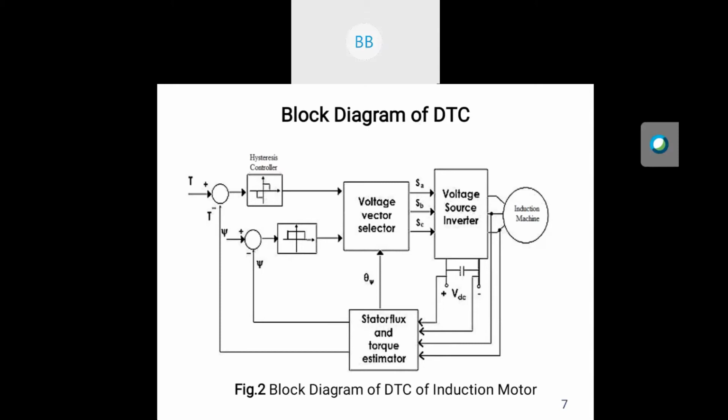In torque and flux comparators, the actual torque and flux values are compared with the reference values of torque and flux. The output obtained from these comparators, that is torque and flux data signals, are fed to the optimum voltage selector. The optimum voltage selector chooses the optimum voltage vector from a lookup table, and based on this sends pulses to the inverter semiconductor switching devices to maintain or change the motor torque as required.